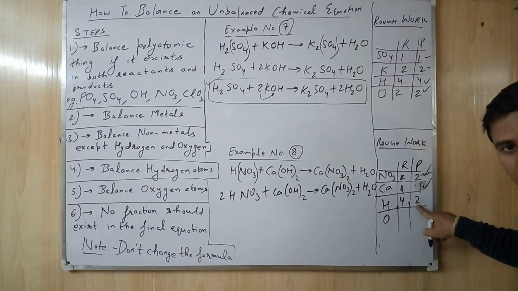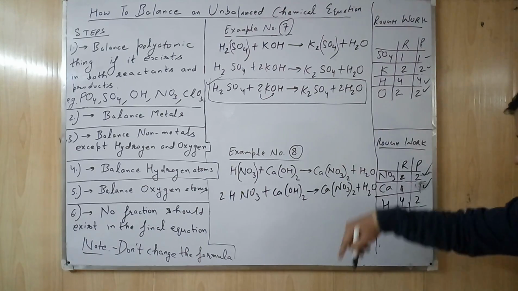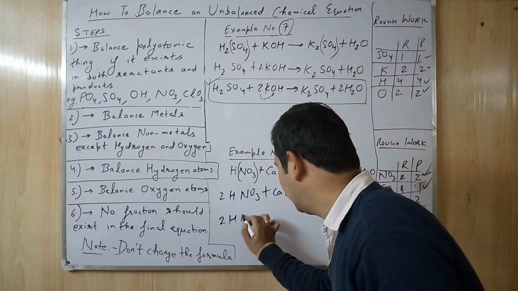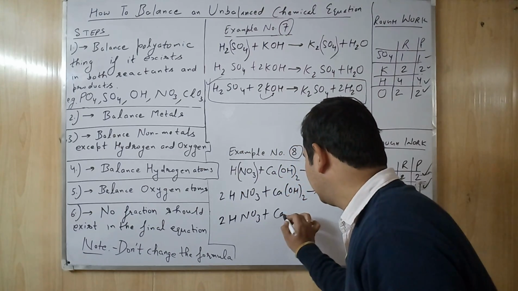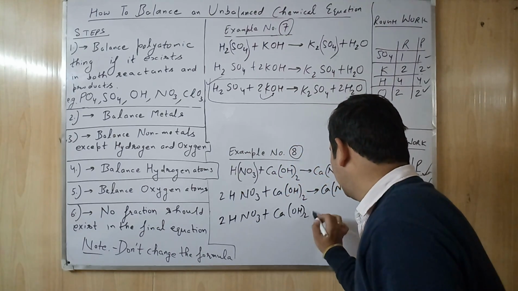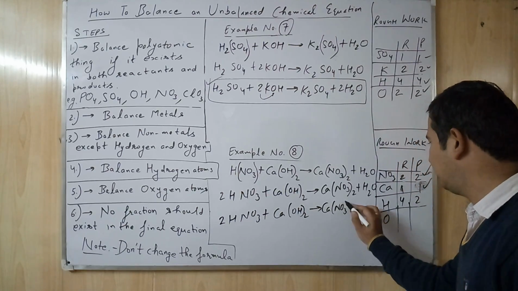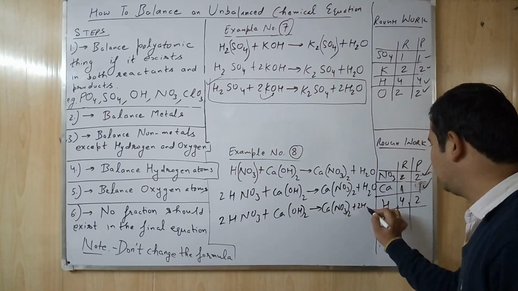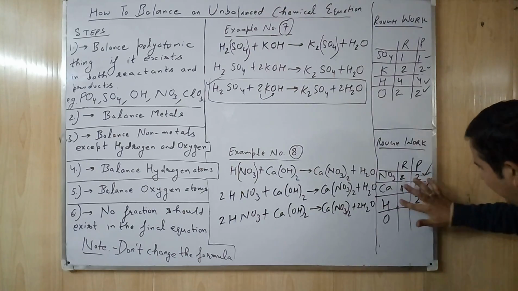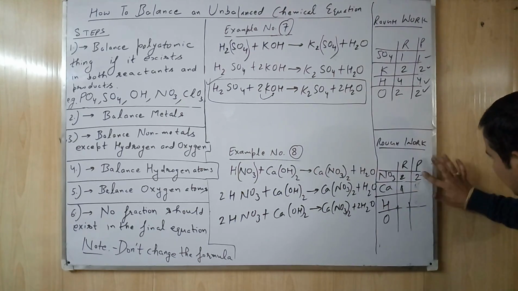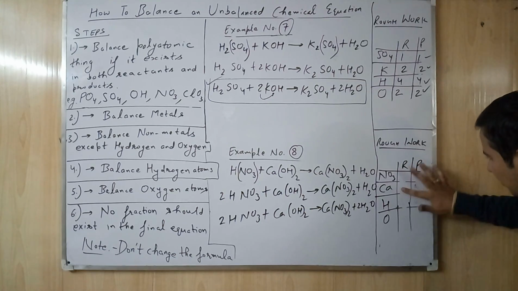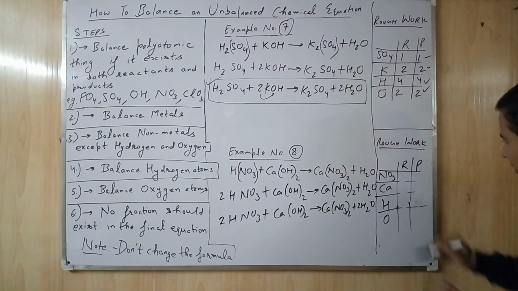We have to make this 4, so we will add 2 here. Let's update the equation: 2HNO3 plus Ca(OH)2 gives you Ca(NO3)2 plus 2H2O.